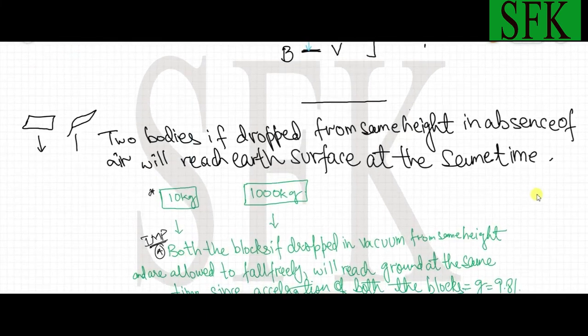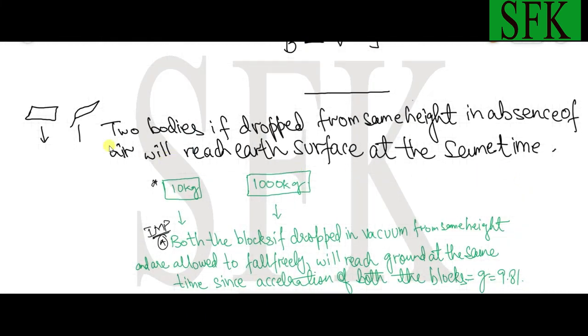If two bodies, okay, this is a very important point that I'm going to discuss right now, related to the free fall motion. If two bodies in vacuum, or if two bodies which are undergoing free fall motion are dropped from the same height in absence of air, so that air does not interfere and the acceleration remains constant, they will reach the Earth's surface at the same time, or will reach the surface of any planet at the same time.